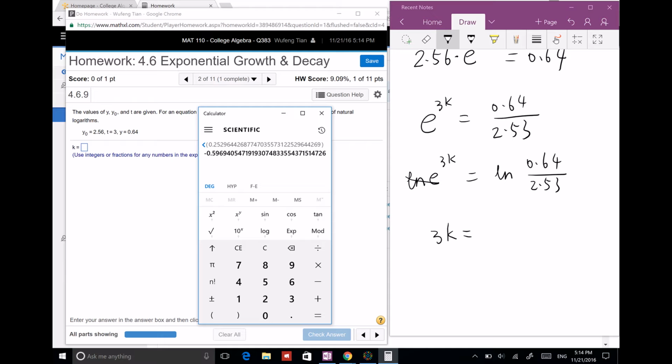Oh, this is a common log. Let me check if it's a common log or ln. Okay, this is the common log. Where's ln?